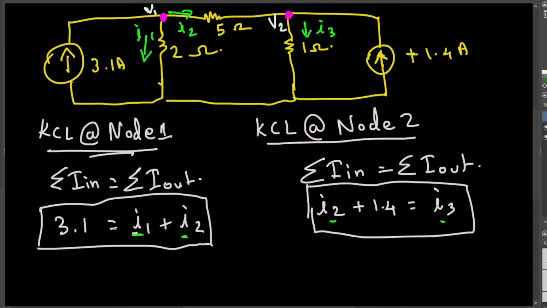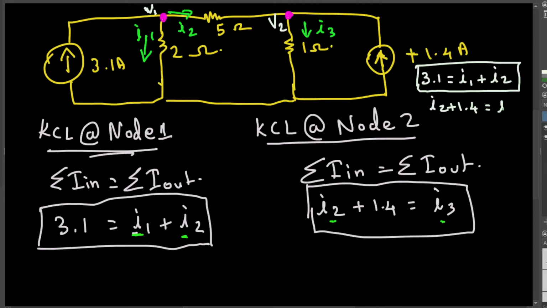To do that I have to get rid of these two because I need some space. What I'm going to do is copy equation 1 and equation 2 right here and then continue. The first equation we have is 3.1 is equal to I1 plus I2. I put it in a box like this. And the second equation we derived from KCL is I2 plus 1.4 is equal to I3.